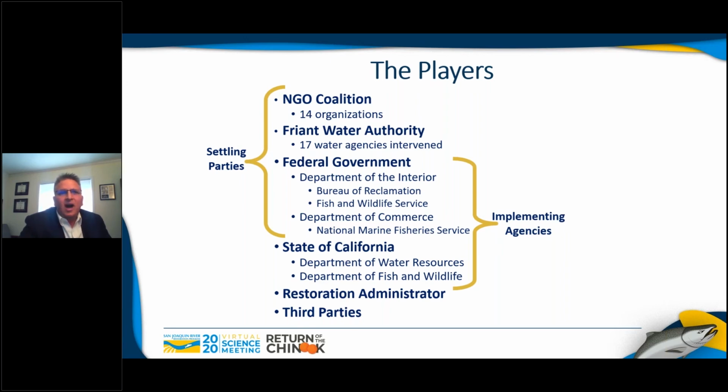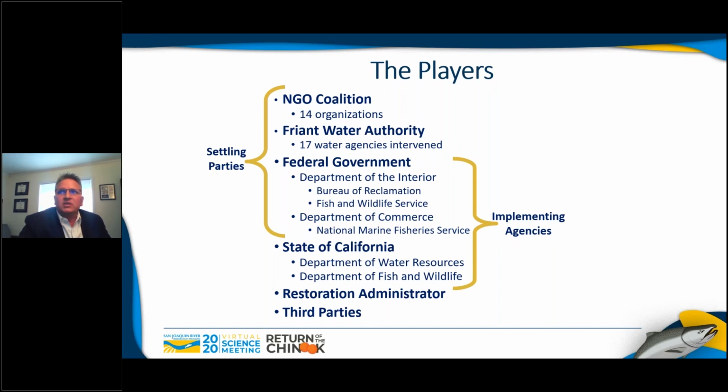We also have a restoration administrator who's going to speak to you later today. His primary role is to issue recommendations for the flow release schedules on the San Joaquin River and provide recommendations to the program regarding specific elements of the settlement related to the restoration goal. And then we have the third parties.